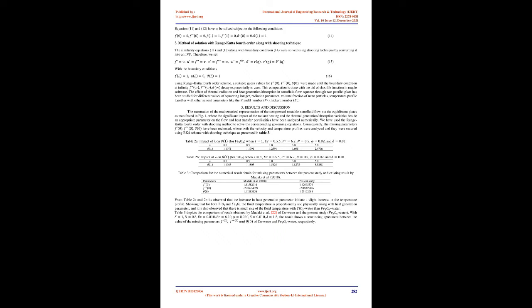The radiant heat as well as thermal generation/absorption effect were analyzed on the thermal profile. Conversely, the numerical result obtained for missing parameters was compared with the previous result obtained by Madaki et al., 2018, using fourth-order Runge-Kutta with shooting technique for Cu-water.